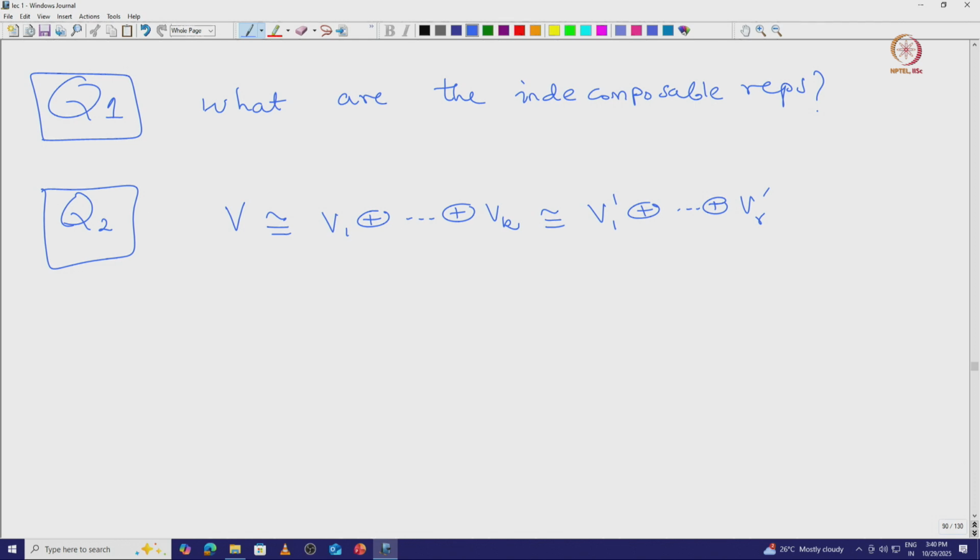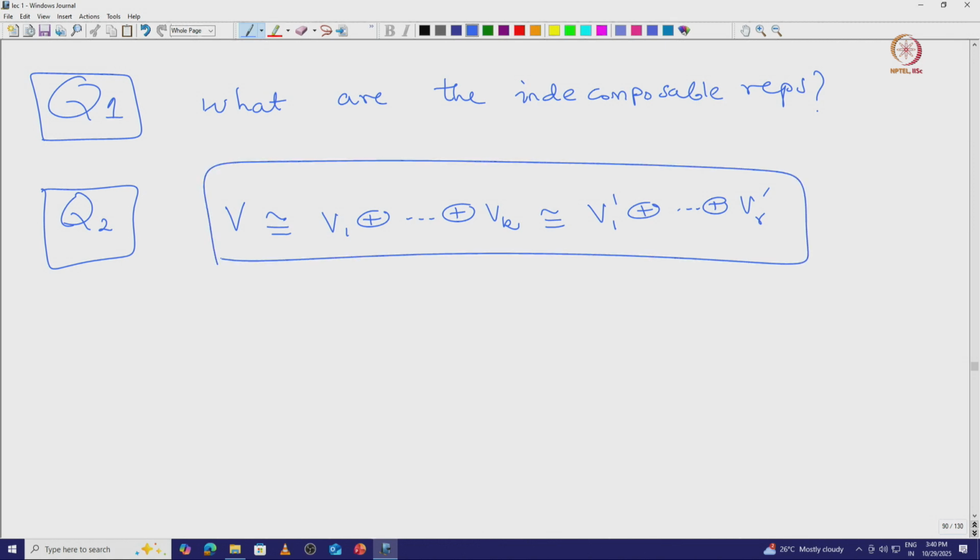So, for example, if you recall, maybe I will come to that later when I talk about some examples of representations. But now, the question at least makes sense. So, we know V is indeed a direct sum of indecomposable representations, whether the components that are involved in that direct sum are unique or not. That means first of all the number of components, whether they can be equal or not.